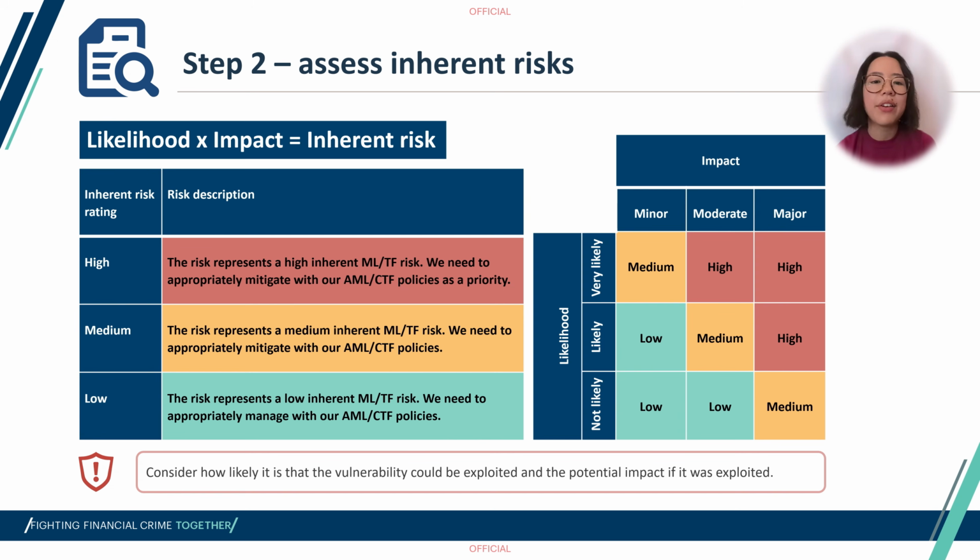You'll need to consider how each risk category you've identified could be exploited to hide the identity or source of wealth or source of funds of a person, is easy to access and use, allows value to be raised, moved, or stored, and is known to be exploited by criminals or is a common channel for money laundering, terrorism financing, or proliferation financing. Your approach to assessing inherent risks should consider the complexity of your business. This will ensure that your risk assessment appropriately reflects the nature of your business's MLTF risks.